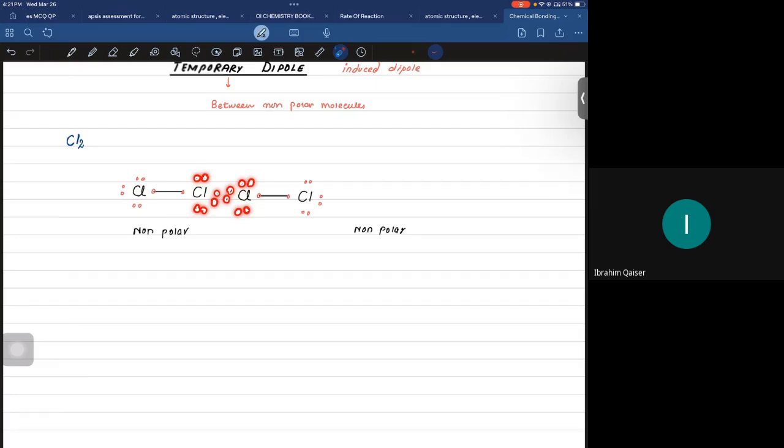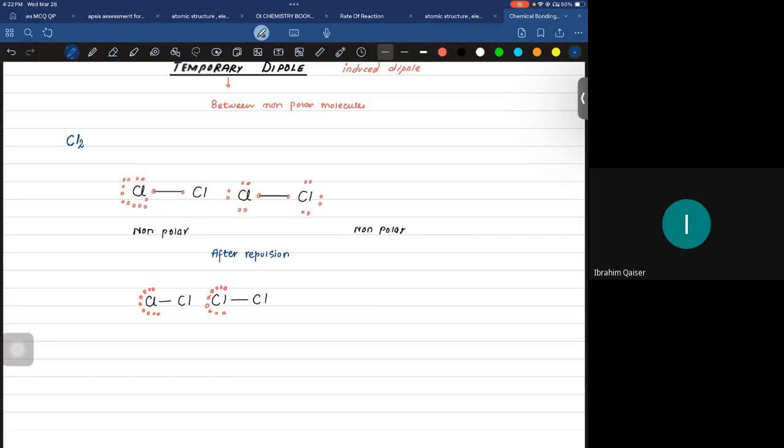So after the repulsion, these electrons will be on the left-hand side and these electrons will be on the right-hand side. Due to the repulsion, they are moving away.